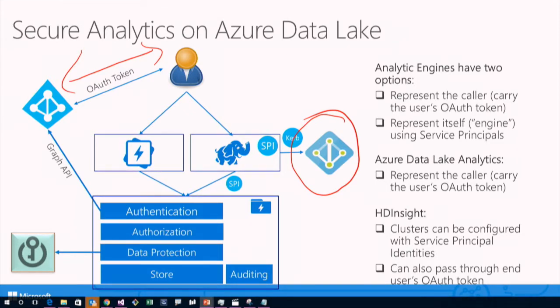And every Hadoop cluster is going to do pretty much the same thing over here. So be it a Cloudera cluster, which relies on the data lake store as its underlying HDFS, it is still making the decision whether it needs to pass the OAuth token of the user or represent itself as a service principal identity over there, right? Now that's from a compute environment perspective.